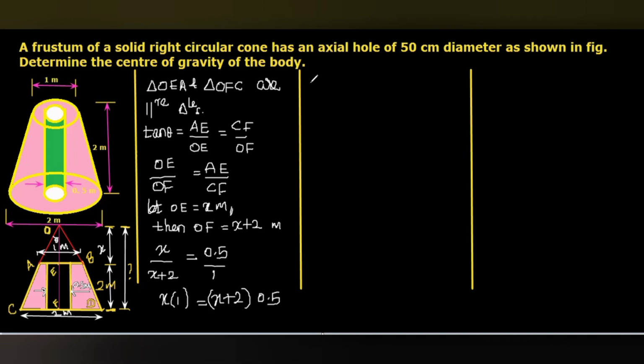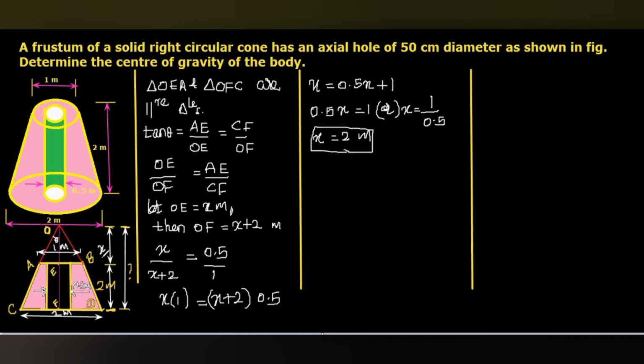Then we can write x equals 0.5x plus 1. This 0.5x we can keep on this side. So we get 0.5x equals 1, or x equals 1 by 0.5. So x equals 2 meters.